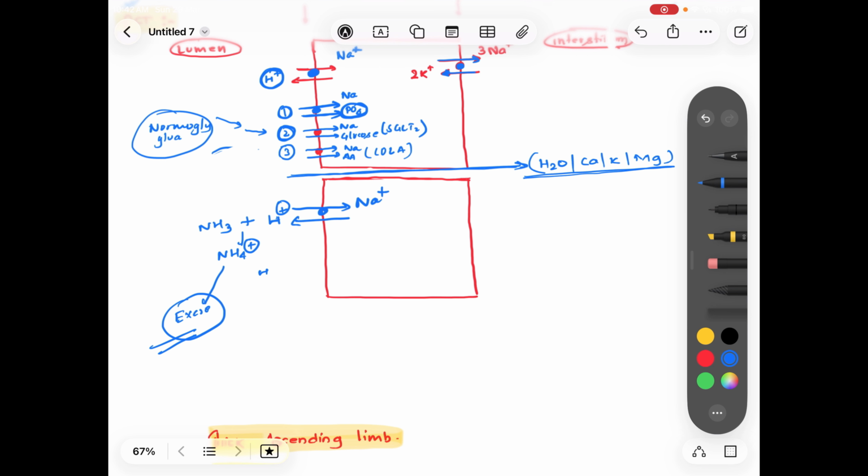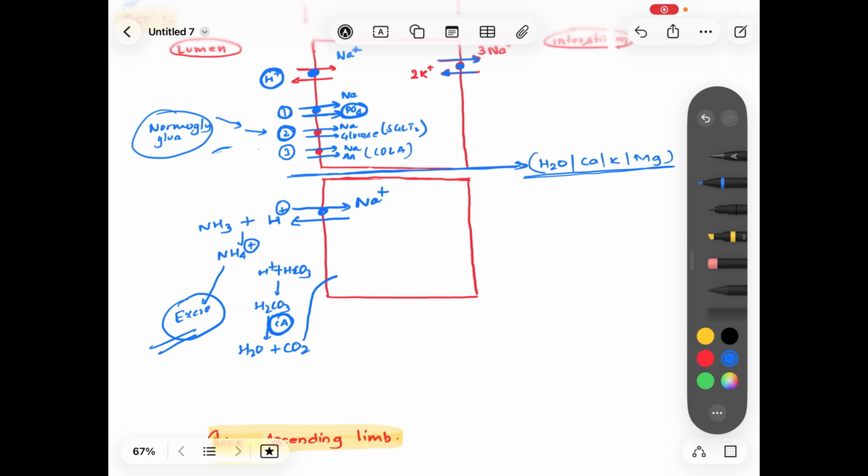Or this H+ combines with bicarbonate, HCO3, to form H2CO3, which converts to H2O plus CO2 with the help of the enzyme carbonic anhydrase.